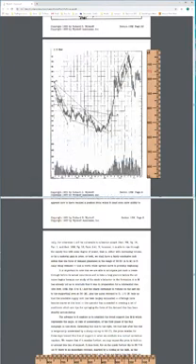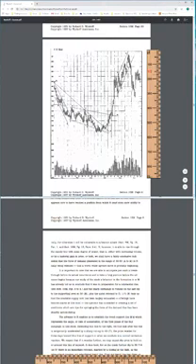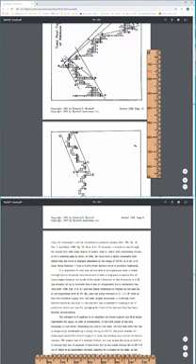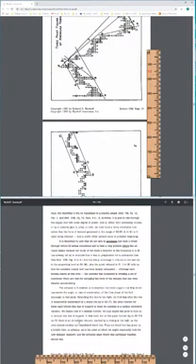I can't find the chart. Anyway, though, I think it's pretty straightforward.